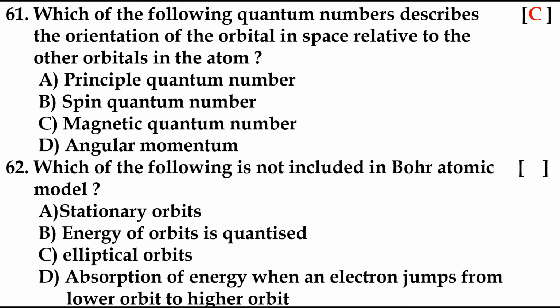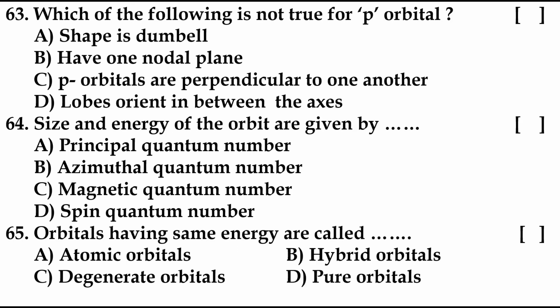62. Which of the following is not included in Bohr atomic model? A. Stationary orbits. B. Energy of orbits is quantized. C. Elliptical orbits. D. Absorption of energy when an electron jumps from lower orbit to higher orbit. Answer is option C. Elliptical orbits. 63.